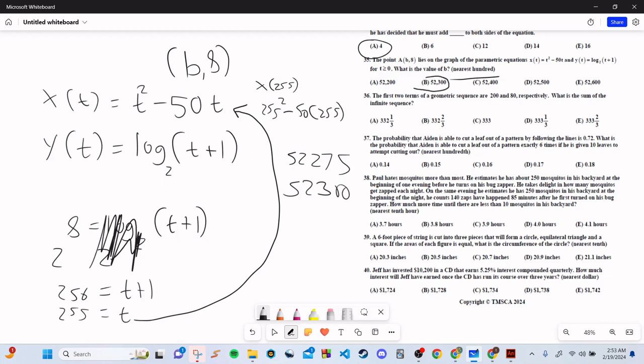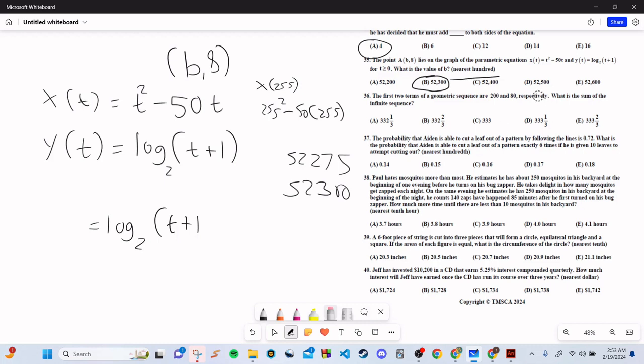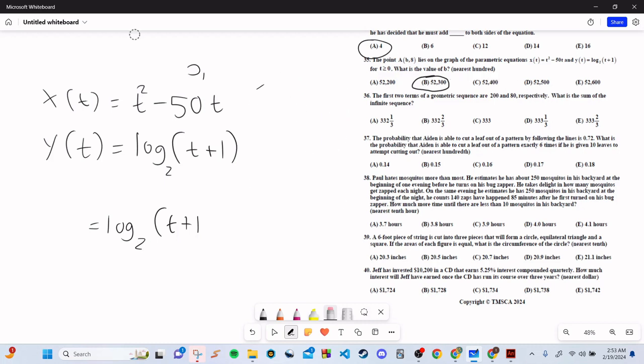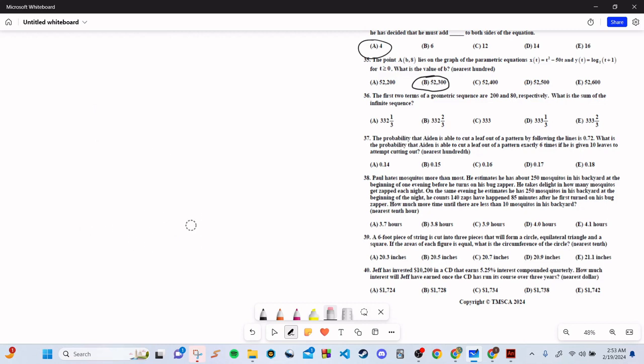So that'll be answer choice B. So to solve this parametric equation, all we had to do was, using our y, get our value of t, and plug that into our x equation to get our value of x. Okay, so moving on to the next question, question 36.